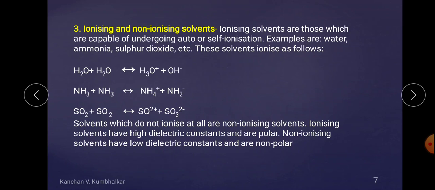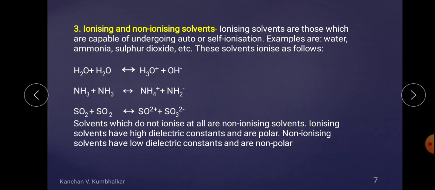So basically there are various types of solvents. If it is ionized, then it is known as an ionizing solvent. Ionization means what? A neutral species gets converted into one cation and one anion, that is known as ionization. If it is self-derived, then it is known as self-ionization or auto-ionization. If ionization is not possible in a solvent, then it is counted as a non-ionizing solvent.